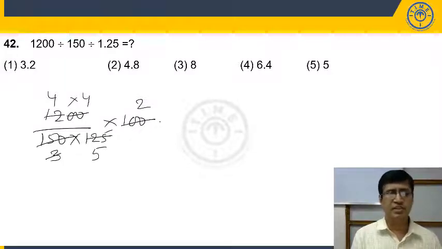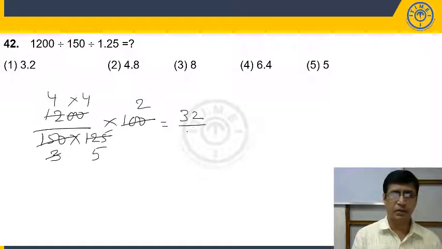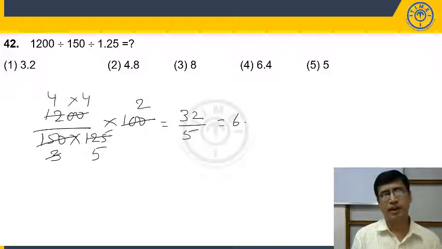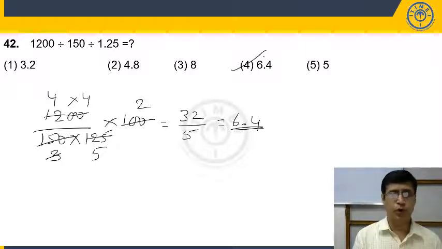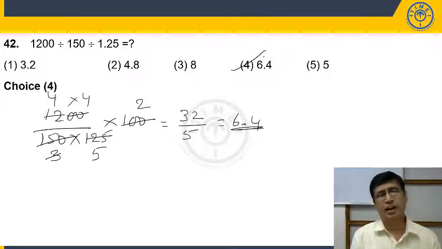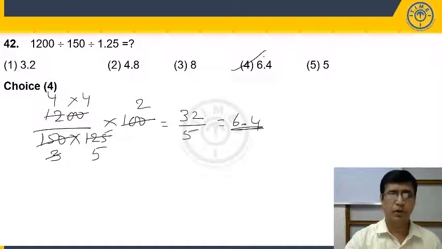So 4 into 4 is 16. 16 into 2 is 32. 32 by 5. So what is the result? 6 times 5 is 30, so it is 6.4. So right choice, option 4. The fourth choice is the right choice. Okay.